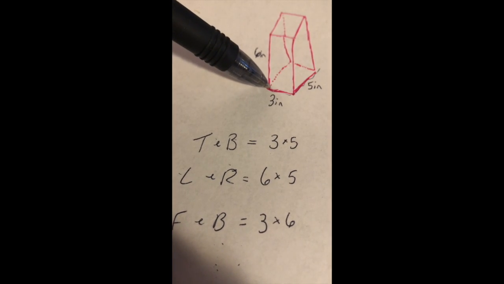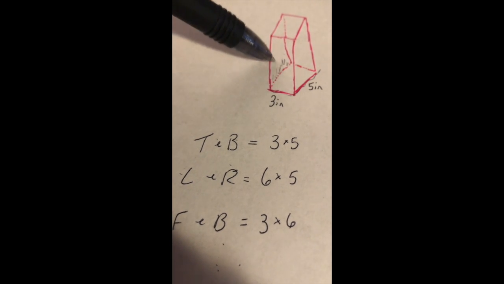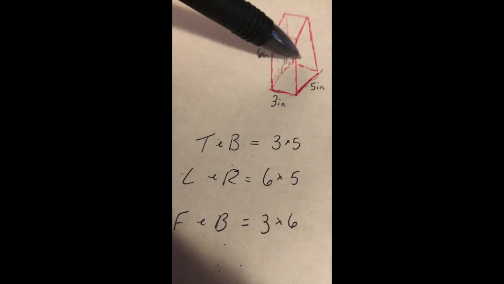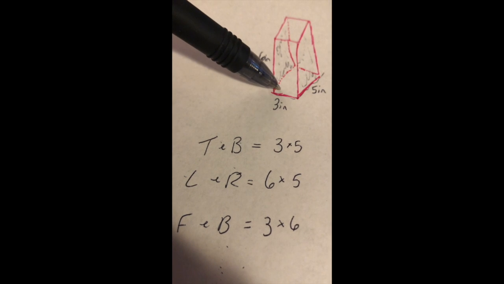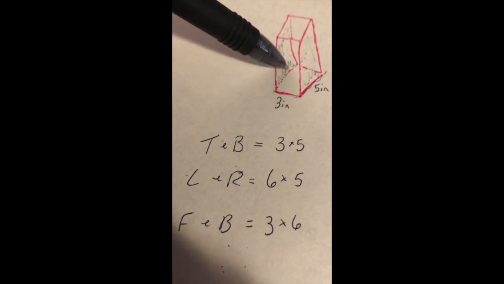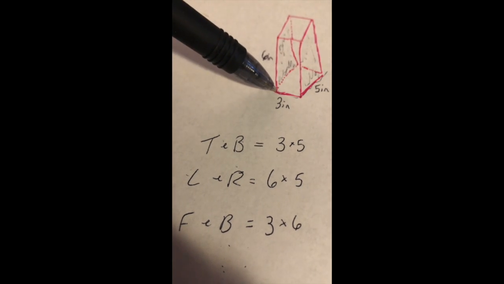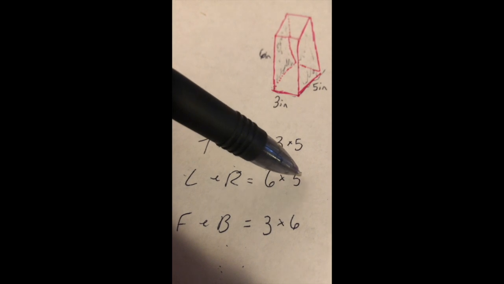So over here I'm going to look on the left side. It'd be this side here, right? And then this is the right side. So this would be going this way. Since this is 5, we know that this is also 5. And then going up, the height of it is 6. So we have 6 by 5.